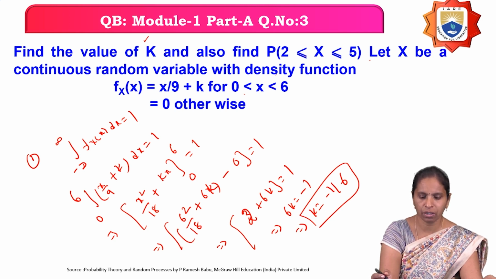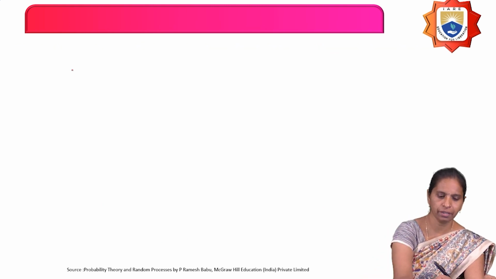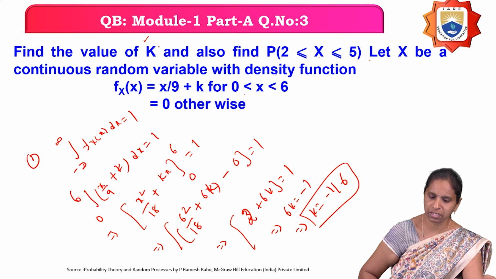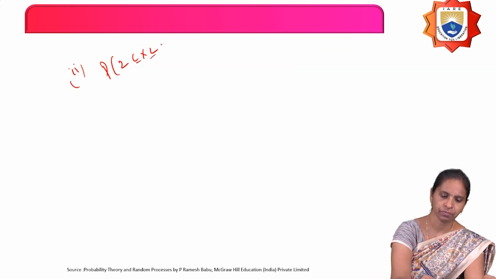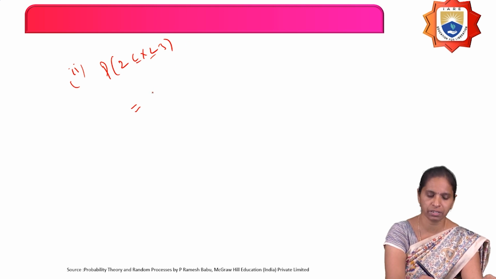Next, what you have to do? We have to find out the probability that the random variable takes values from 2 to 5. Then how do you calculate P(2 ≤ x ≤ 5)? For this also you have to use the properties of the density function.